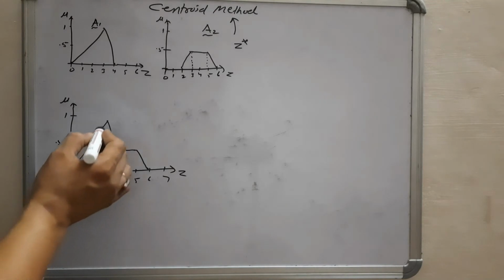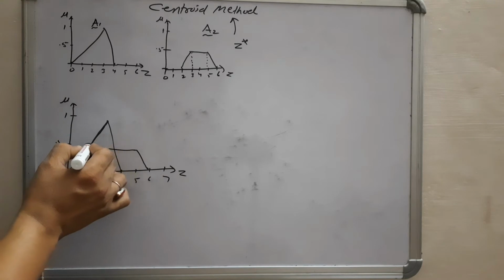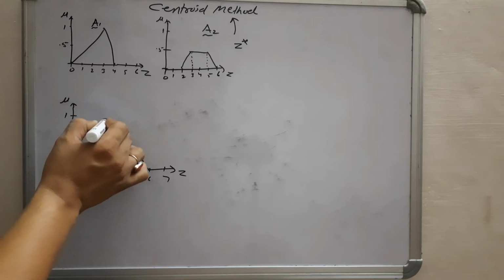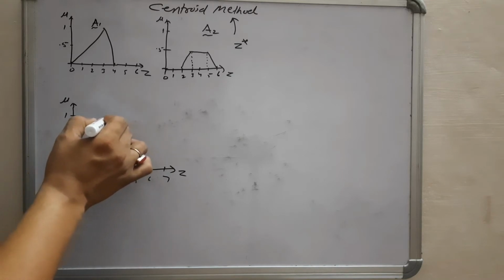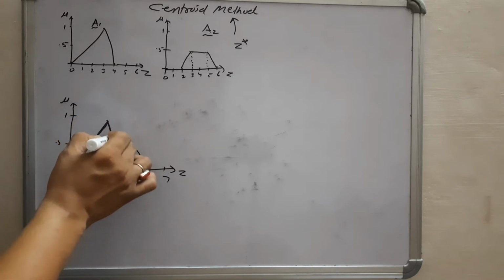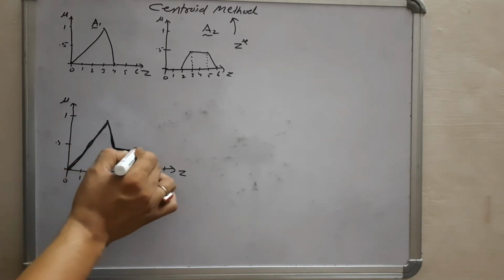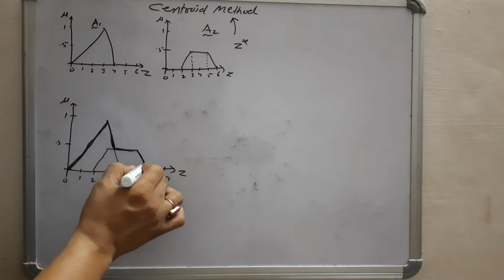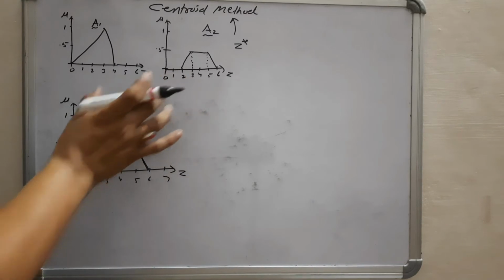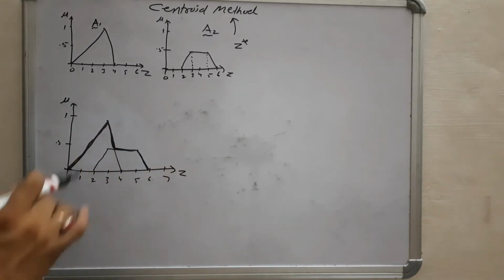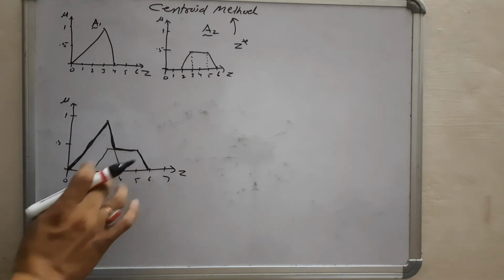Now just keep the outer region of this combined membership function. I am making it bold, making the lines thicker. You have to draw this combined membership function using the scale so that we can find the coordinates of the different points.